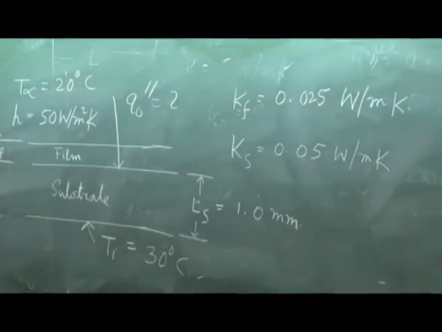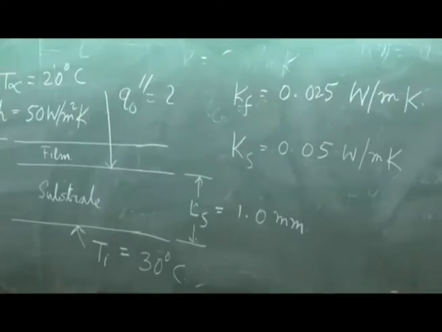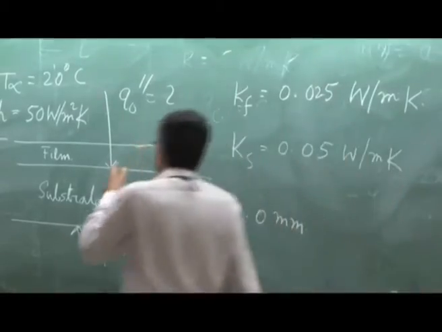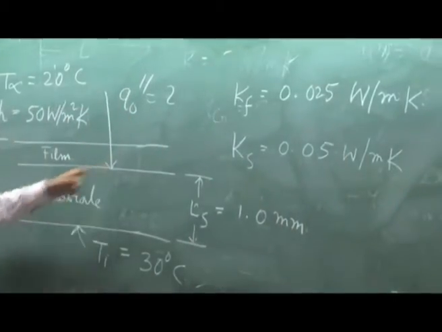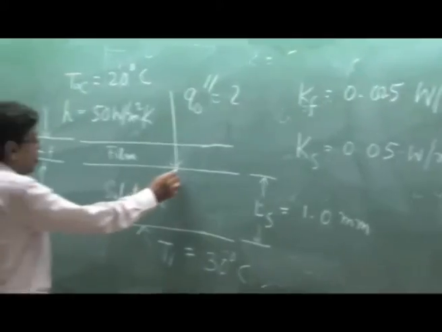So as I told you earlier while showing this problem, this is a problem where we have to conceive the energy flow. It is a steady state problem. Now the Q0 double dash, a part of it is going through it.